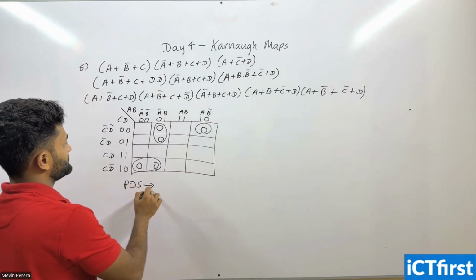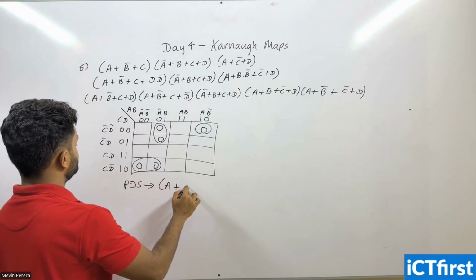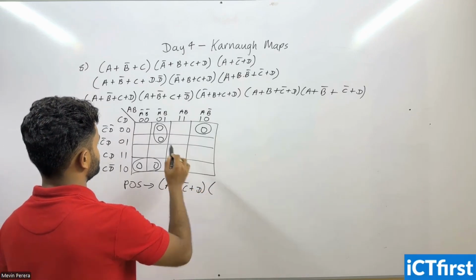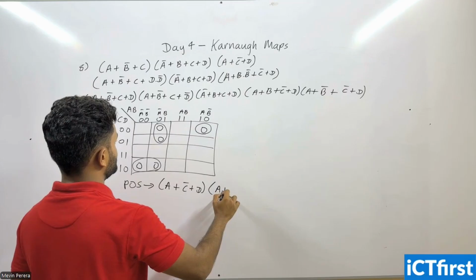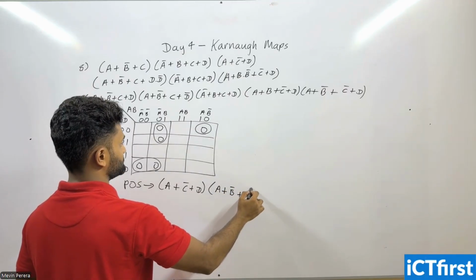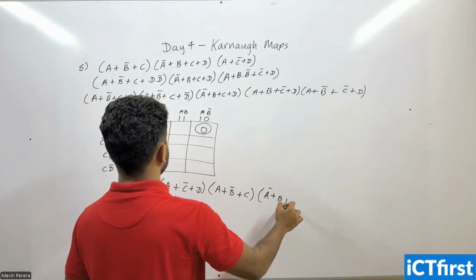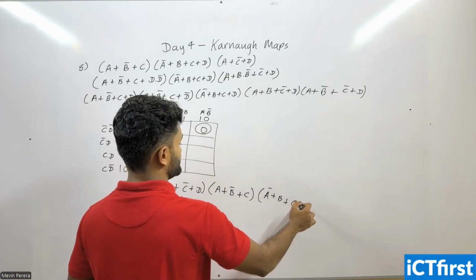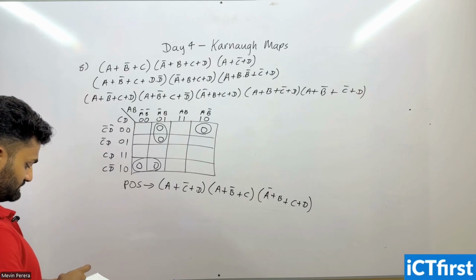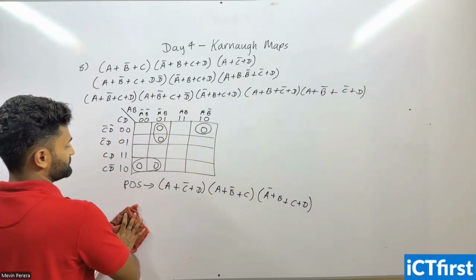POS, right? Common one is A plus C bar plus B. Then A plus B bar plus C. A bar plus B plus C plus D. Okay, so that is the 8th one. Let's move to the 9th one.